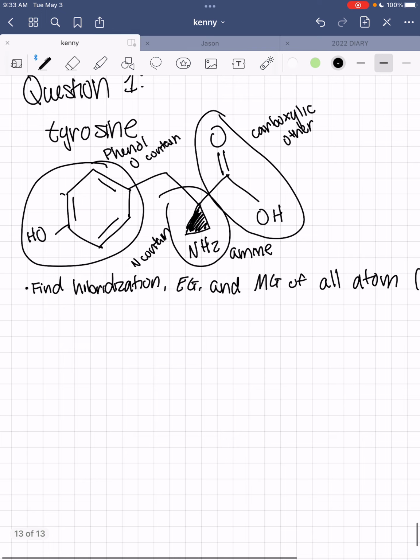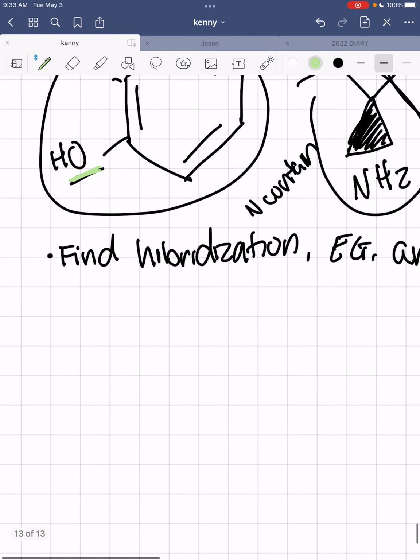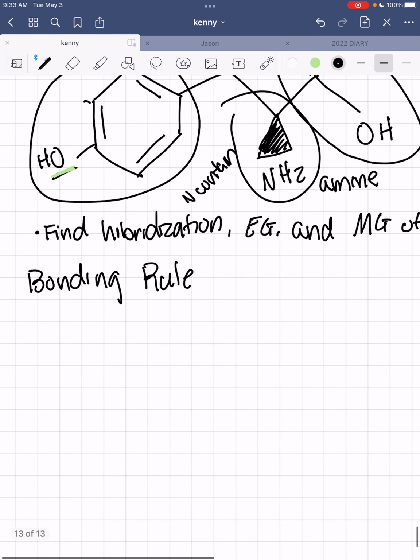So let's start with this OH here. Another thing you need to learn is bonding rules, so I'm going to write out a bonding rule table. This would be helpful when we start doing hybridization. So let's write down common atom and bonding atoms.